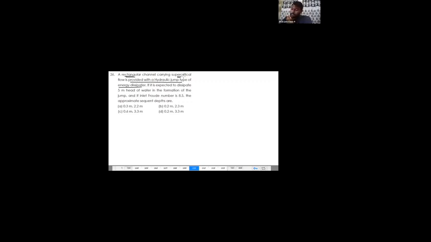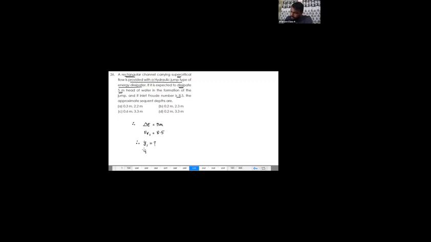If it is expected to dissipate 5 meters head of water in the formation of jump, it means the energy loss is 5 meters. And the inlet Froude number FR1 is 8.5.